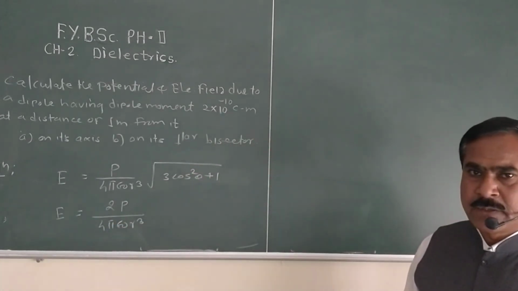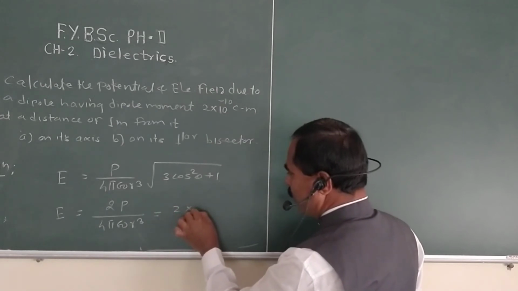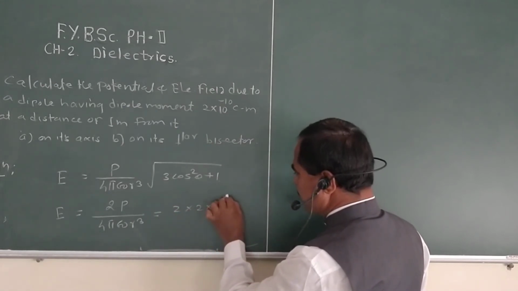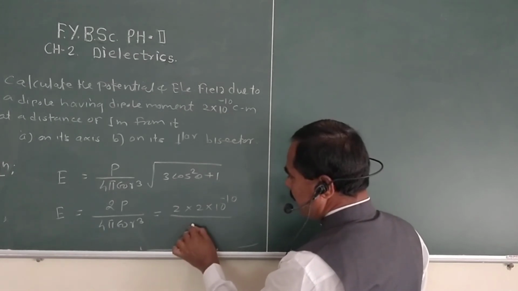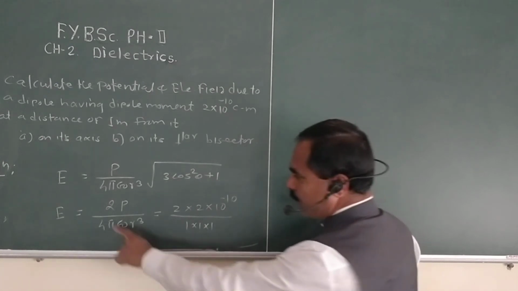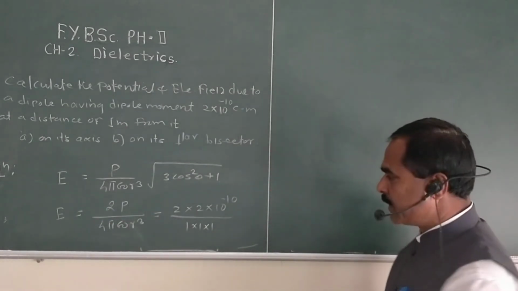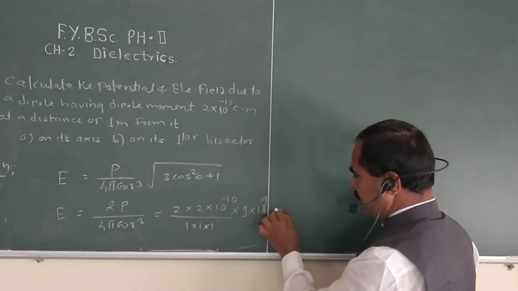Then we substitute the values. Therefore 2 into 10 raised to minus 10 divided by 1 into 1 into 1, and we have to write 1 upon 4 pi epsilon naught, that is into 9 into 10 raised to 9.